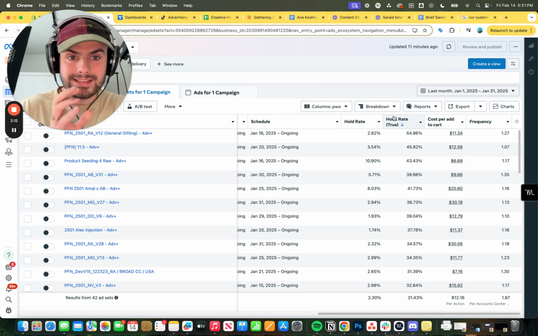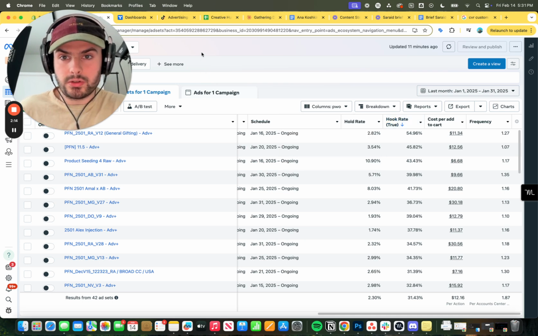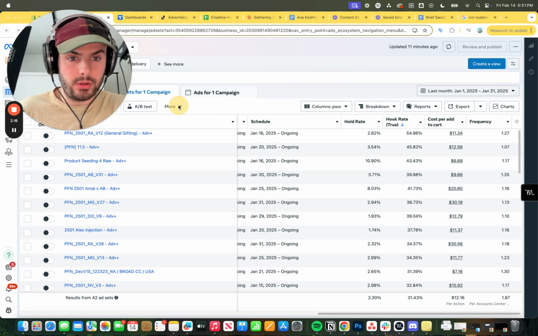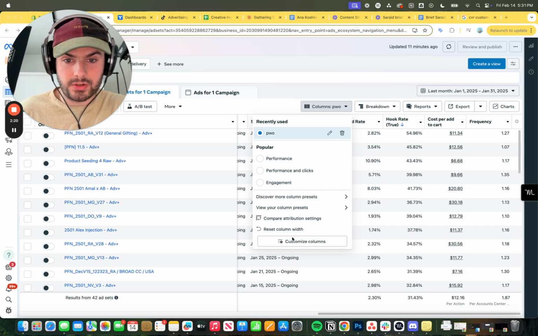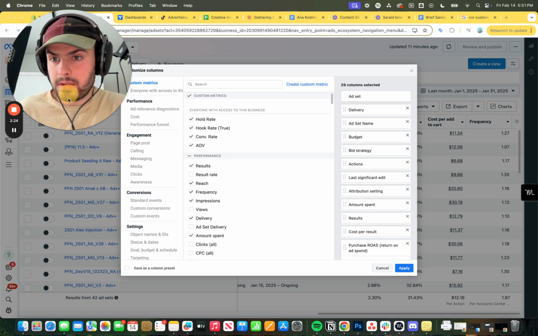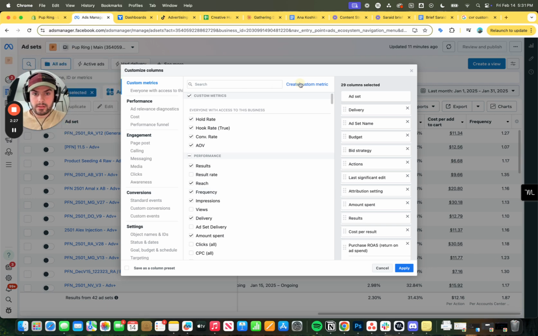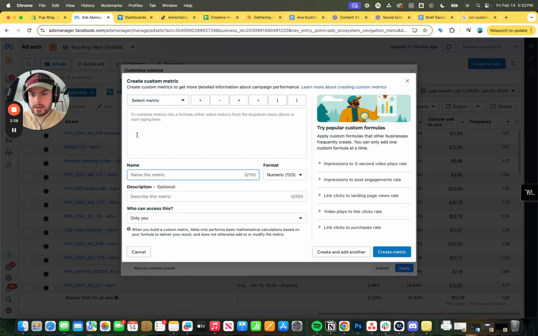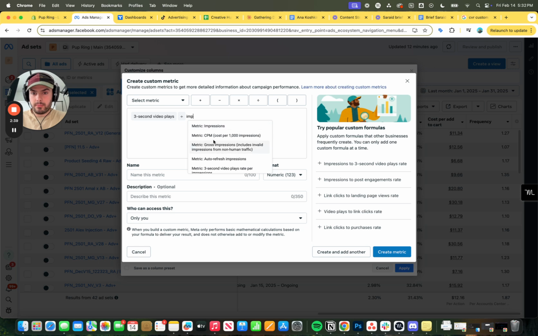It's shown here. Now, this is not a metric that you're going to just have by default. This is a custom metric that you need to add. So let me go ahead and show you how to add this metric. You want to click on customize columns. And then let me make myself a little bit smaller here. You want to click on create custom metric. You're going to be prompted with this here. And you want to do 3-second video plays, and you want to divide that by your impressions.